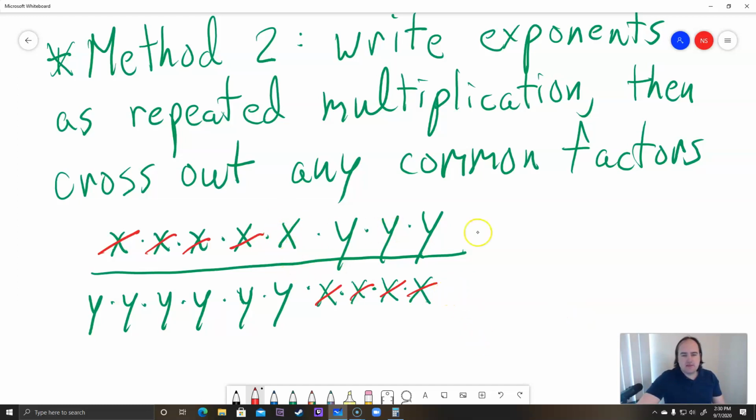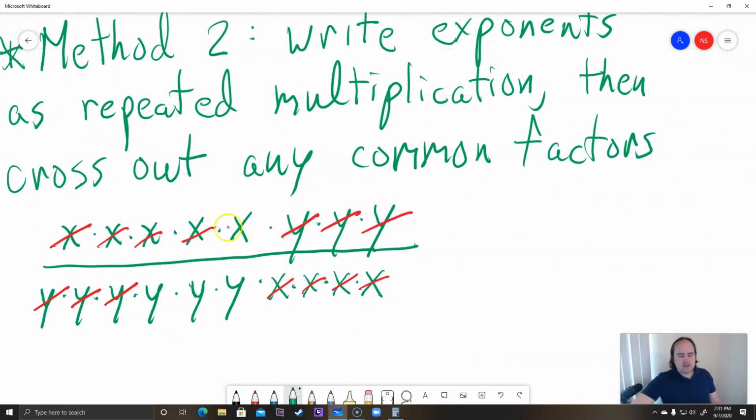And then we do the same thing for the y's. So looking on the top and the bottom, we see there are 3 y's in common. So that means we can cross out 3 y's on the top and 3 y's on the bottom. Okay?